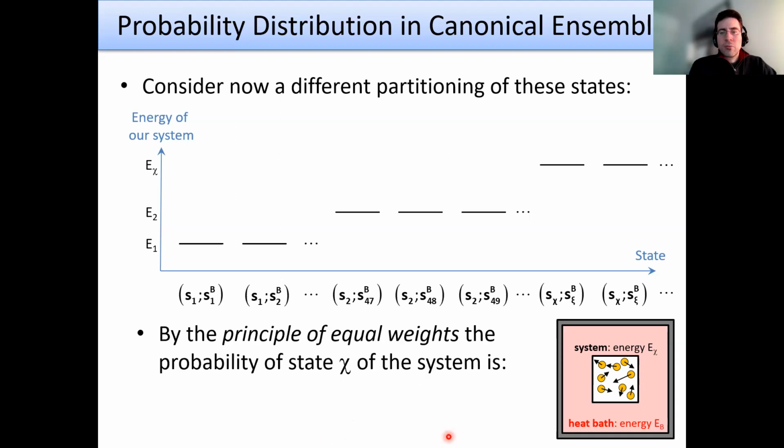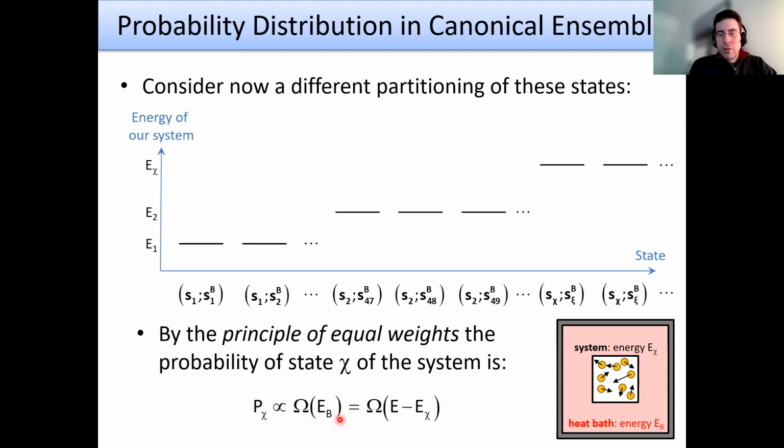And then we're going to try to apply the principle of equal weights and derive the probability of this state chi of the system. So this is the result here.